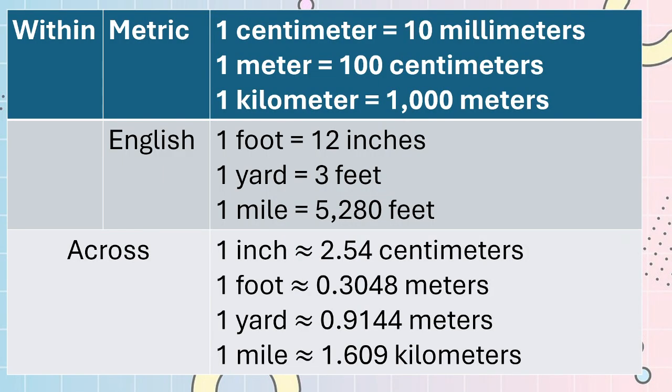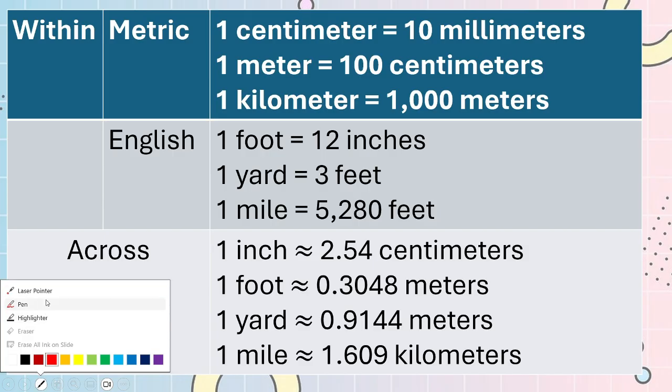Okay? So let's have within metric. Ito ay kailangan alam ninyo kasi kailangan alam ninyo kung paano kayo mag-convert from one unit to another. Within metric, 1 centimeter is equivalent to 10 millimeters. 1 meter is equivalent to 100 centimeters. 1 kilometer is equivalent to 1,000 meters.